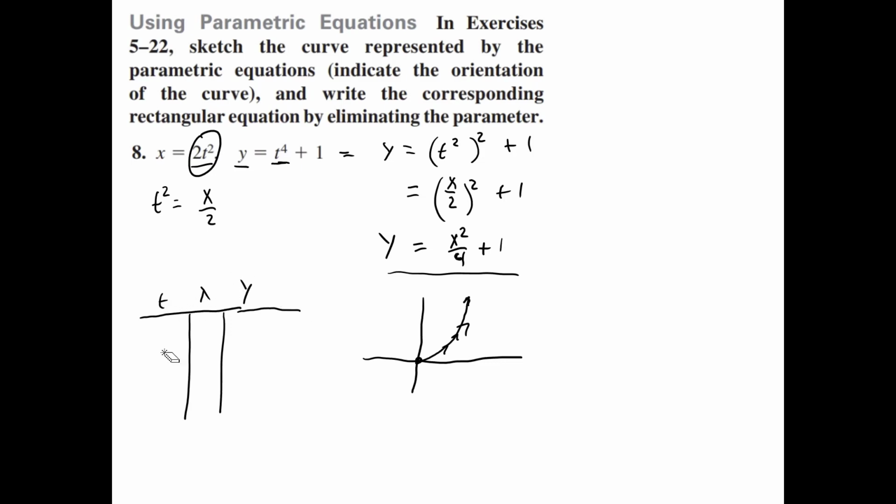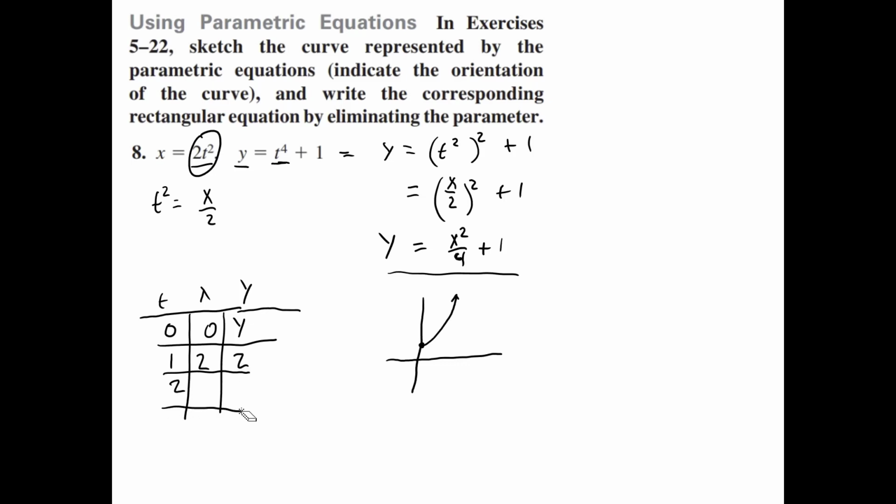T, x, y. The vertex is up here at 1. It's not at 0, 0. If t is 0, then x is 0 and y is 1. If t is 1, then x is 2 and y is 2.